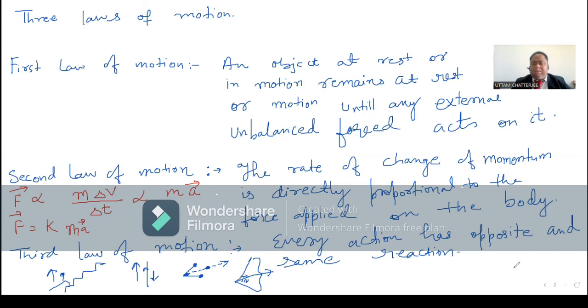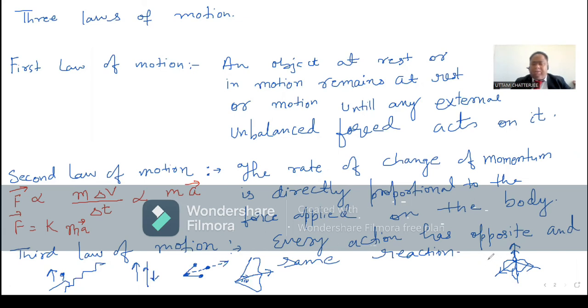In the case of birds, the bird which flips its wing downward will experience a reactionary force and will go upward. So whenever we apply force in a particular direction, there is a reactionary force which acts in the opposite direction. So these are the three important laws of motion.